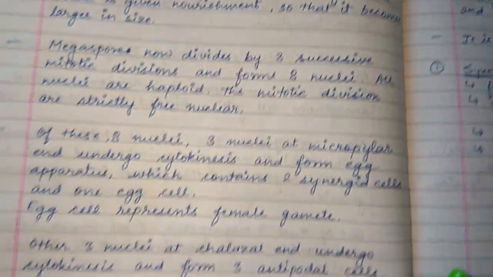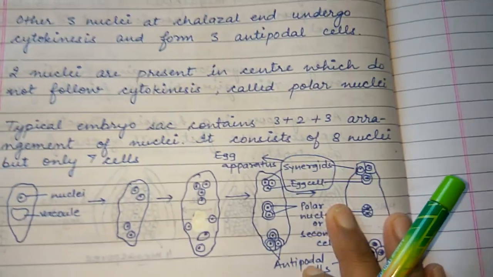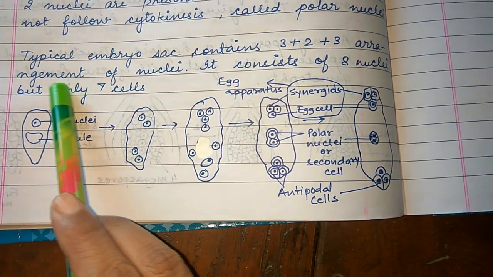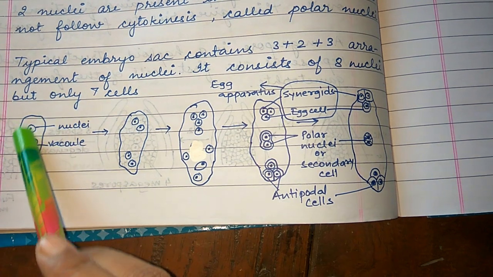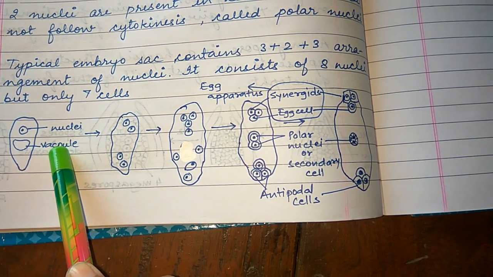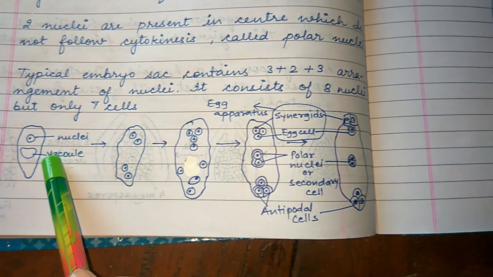Now, formation of female gametophyte. This is the embryo sac which develops from the megaspore. It is monosporic.